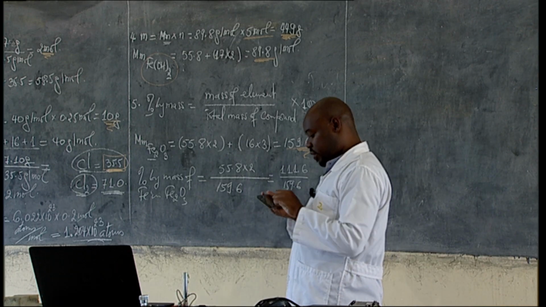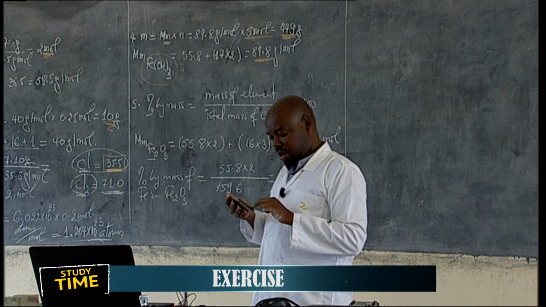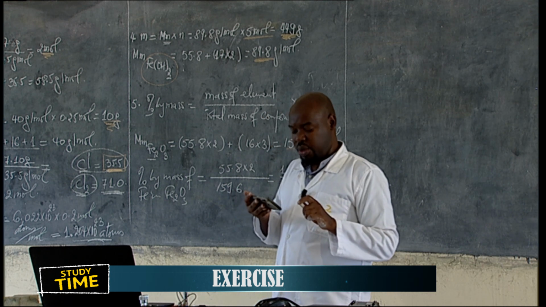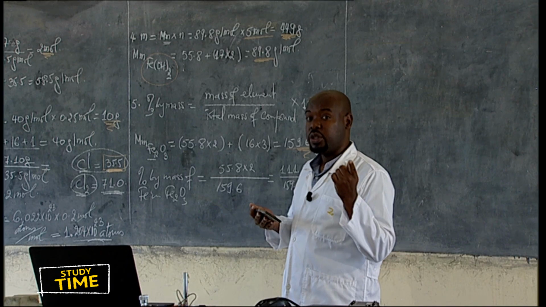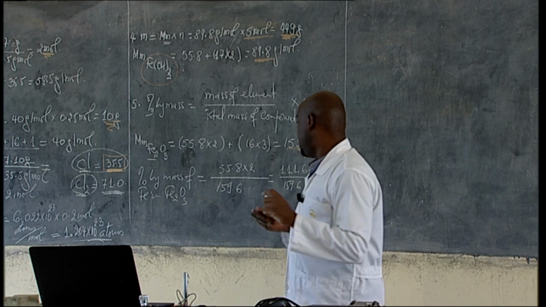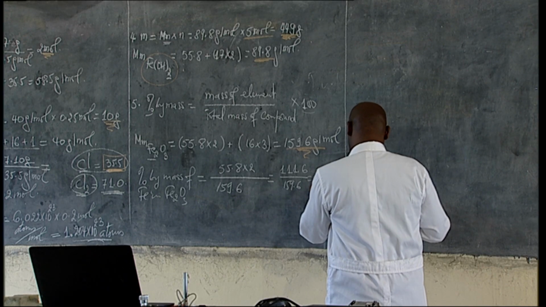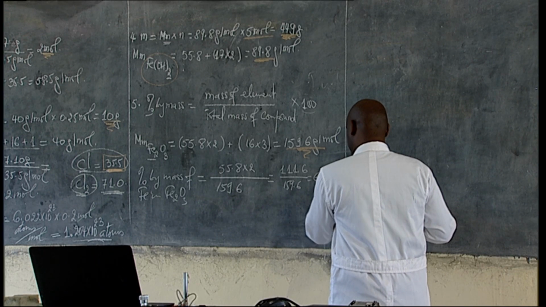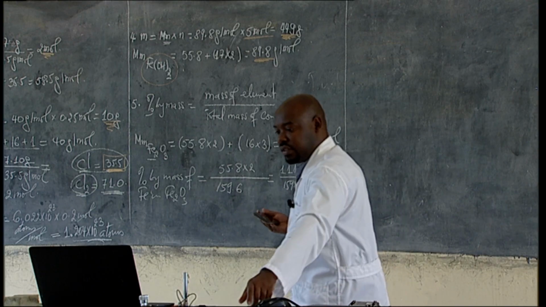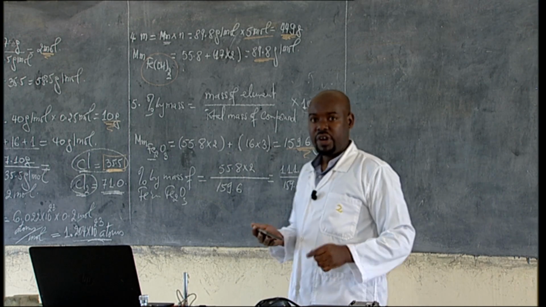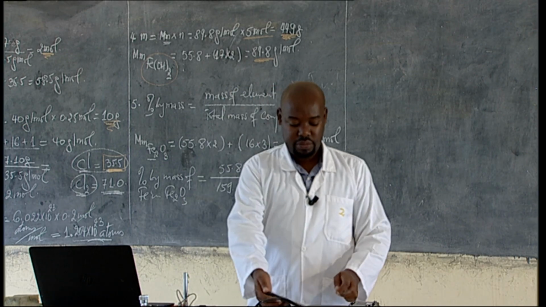We divide with 159.6 to get 69.92, and if we multiply with 100, then we get 69.92%, and that is the answer. The percentage of iron in that compound.